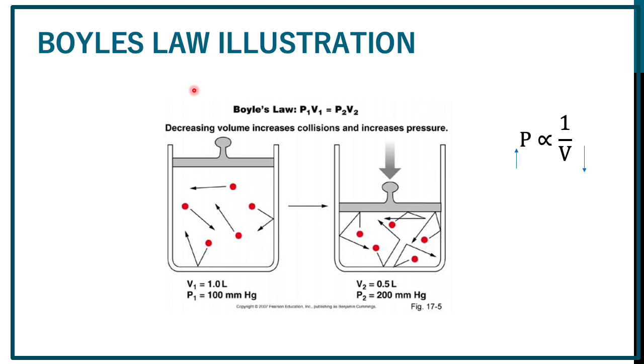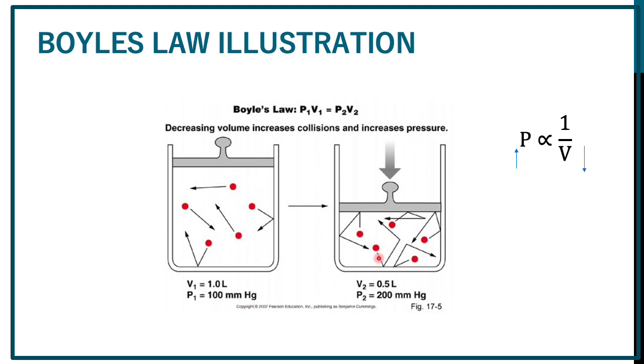From Boyle's law, we know that pressure is inversely proportional to volume. So it means that when we increase the pressure, volume will decrease. This is the Boyle's law illustration. Decreasing the volume increases the collision. For example, this one volume is 1 liter, pressure is 100 millimeter mercury.